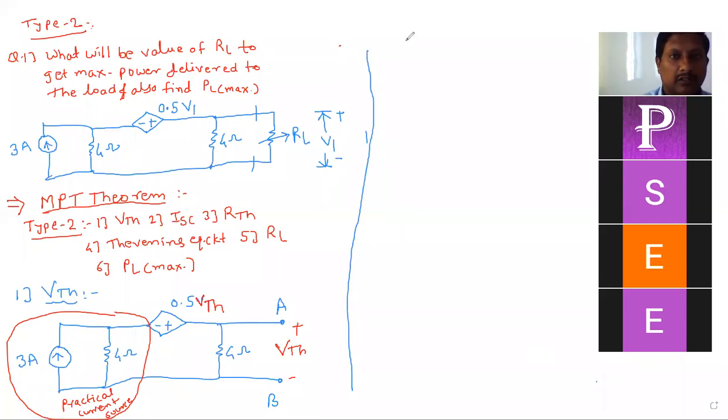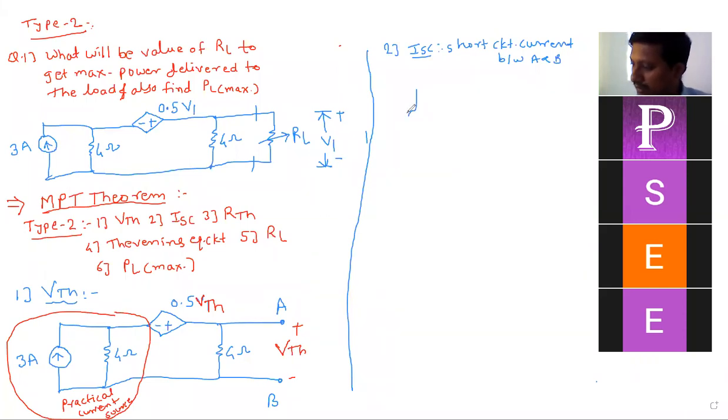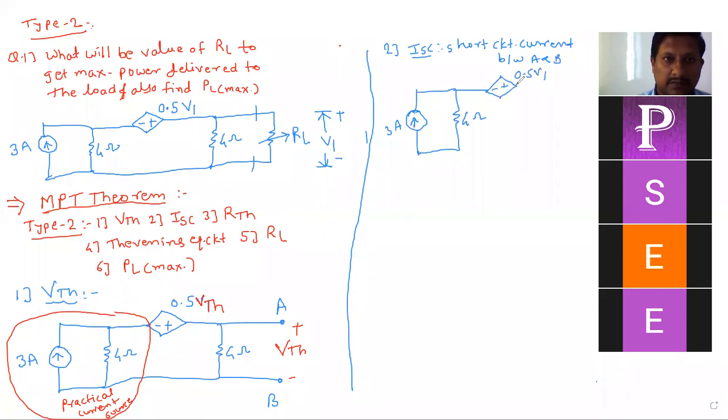So the second thing we are going to find out is ISC, the short circuit current between A and B. Consider the original circuit with 3 ampere, this has a 4 ohm, and this has the dependent source 0.5 V1, and this is 4 ohm.